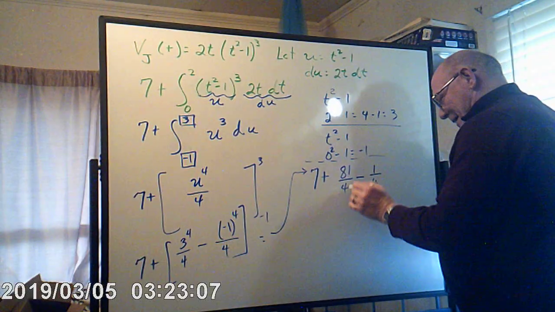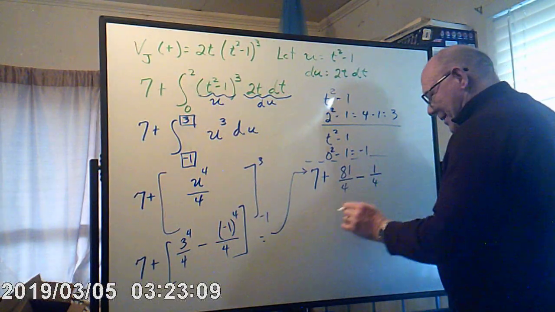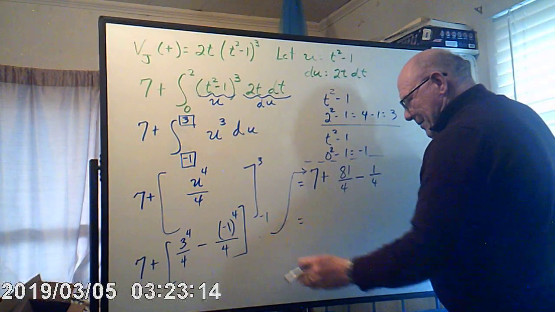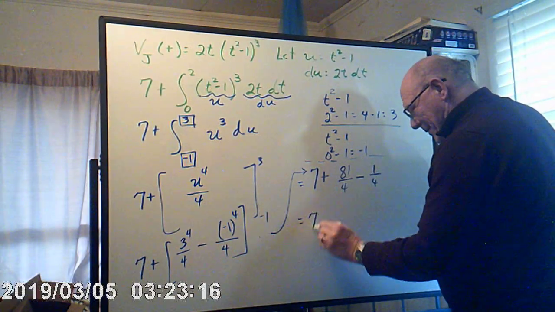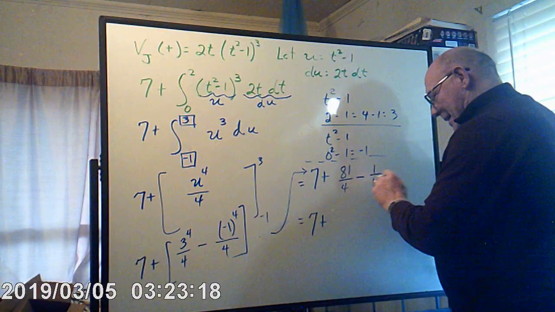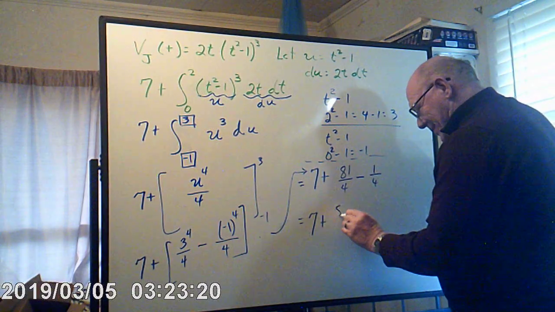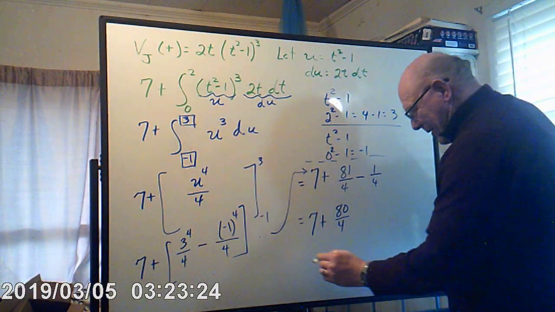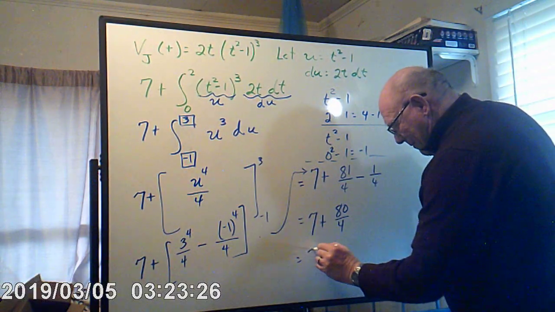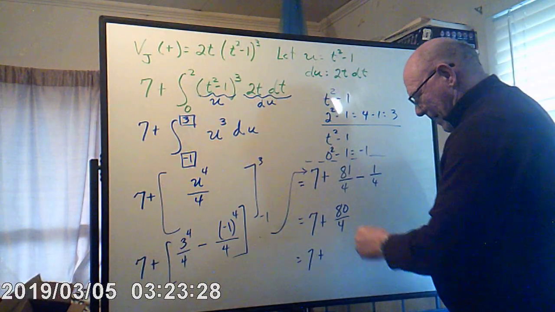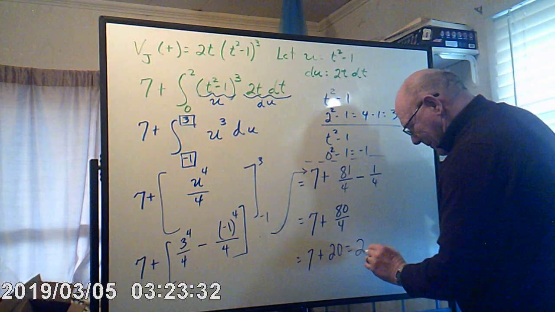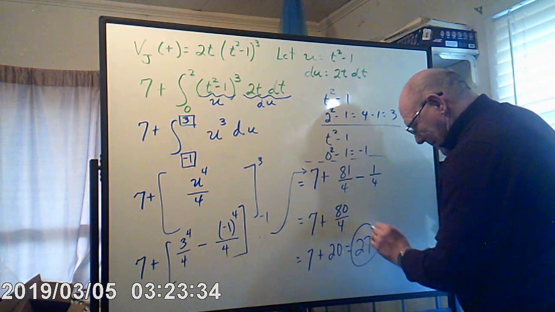Nice, because I know what 81 minus 1 is. That's equal to 7 plus 80 over 4. Oh, I can reduce that. So that's going to be equal to 7 plus 20, so 27. There it is.